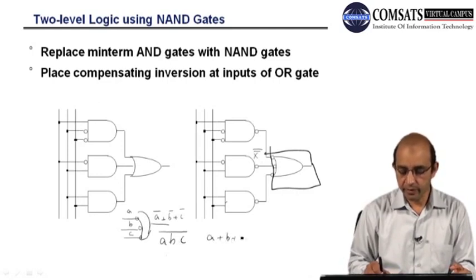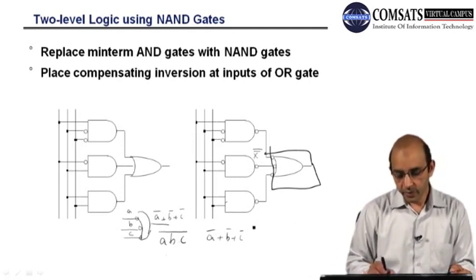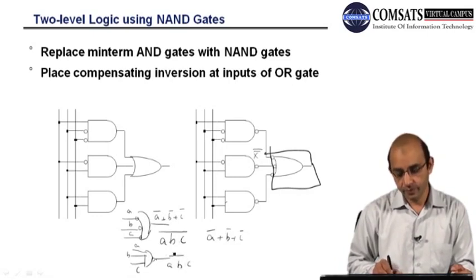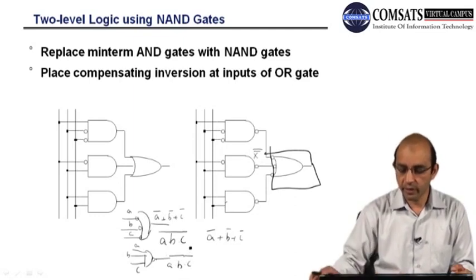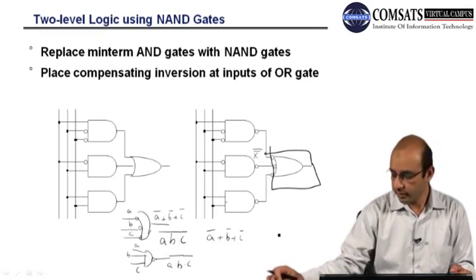So we can have AND with inversion, which is NAND, and we have three inputs A, B and C. So we will have A dot B dot C with whole bar. So we can replace this OR with inverted inputs by a NAND gate.